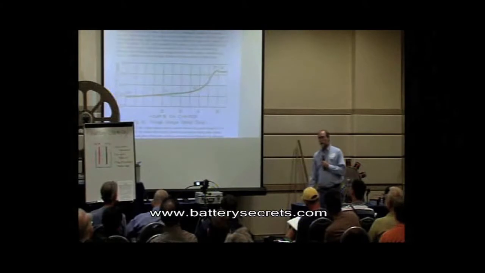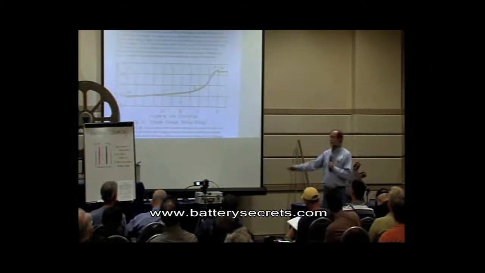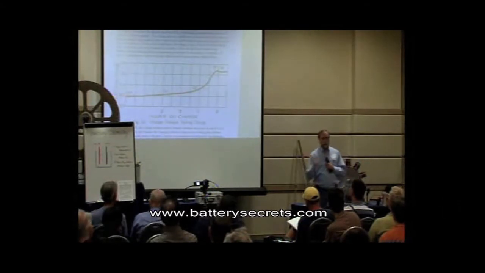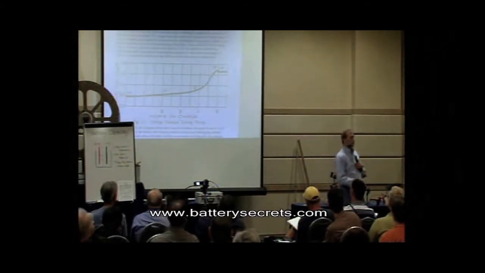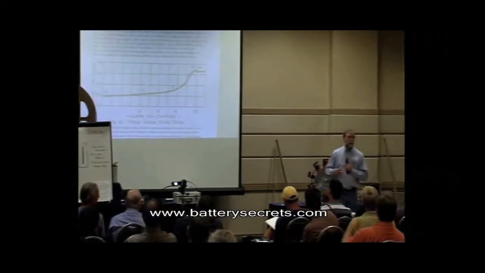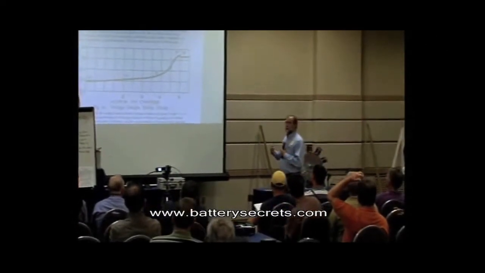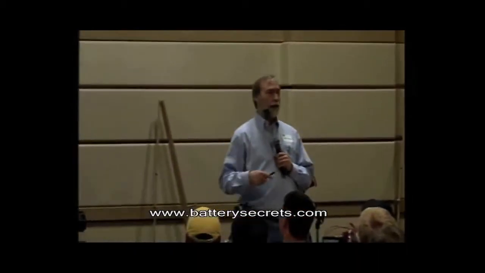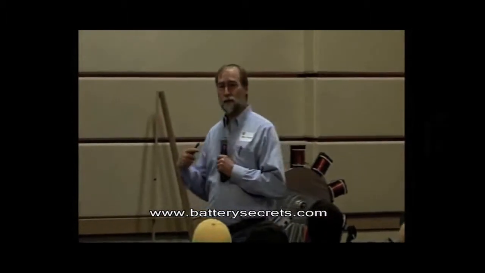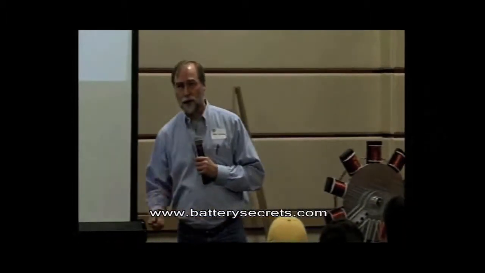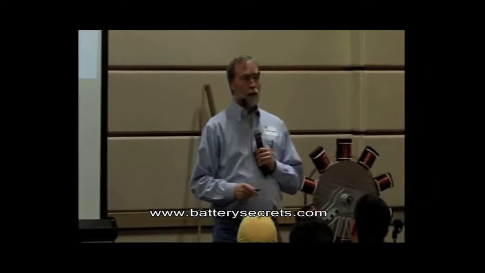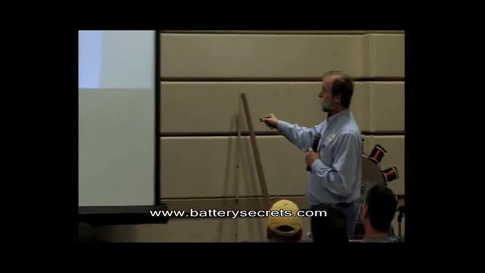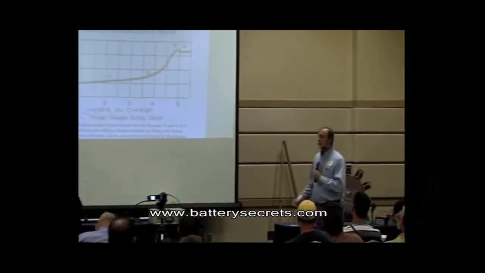And sometimes this event here is even more dramatic than it shows in this drawing. When John and I started charting batteries under charge and being able to look at charge cycle after charge cycle, this event we started calling the knee.